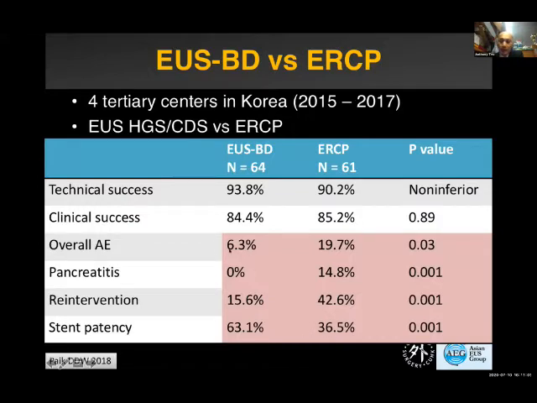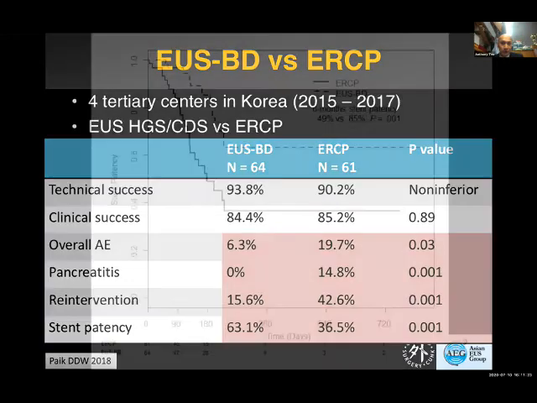In the EUS-BD arm, obviously there were no patients with pancreatitis, and in the ERCP arm there was 14.8%. So this study is promoting EUS-BD as a primary method of draining the bile duct in patients with unresectable tumor.